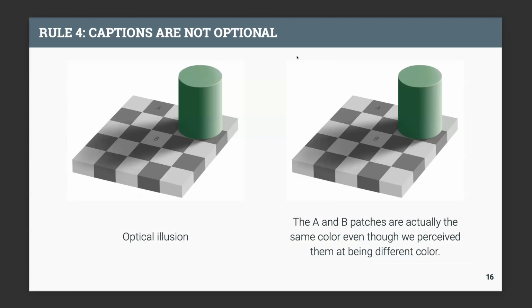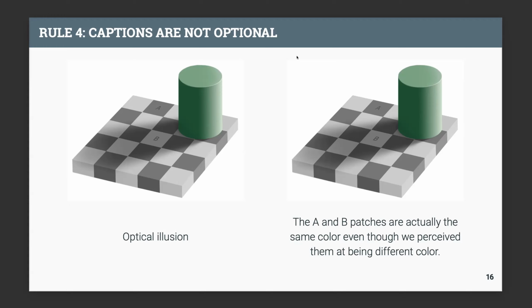Rule 4 is, captions are not optional. Depending on your domain, you may have a very long caption explaining everything, but in some papers you will have a very useless caption. This is the case, for example, on the left, where I wrote, this was supposed to be the caption, oh, this is an optical illusion. And if you don't know this optical illusion, it may be hard to realize where the optical illusion is.